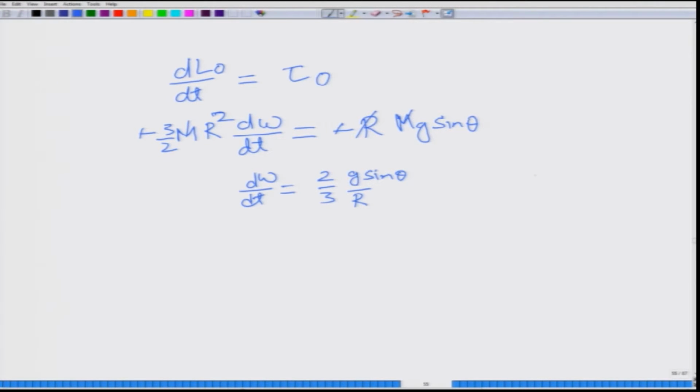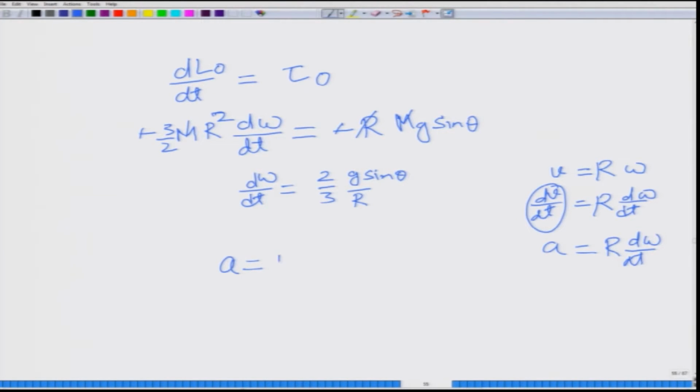As we can write v is equal to r omega, so if we differentiate with respect to time, we get r times d dt of omega. This is the linear acceleration which we want to calculate, which we have already calculated.